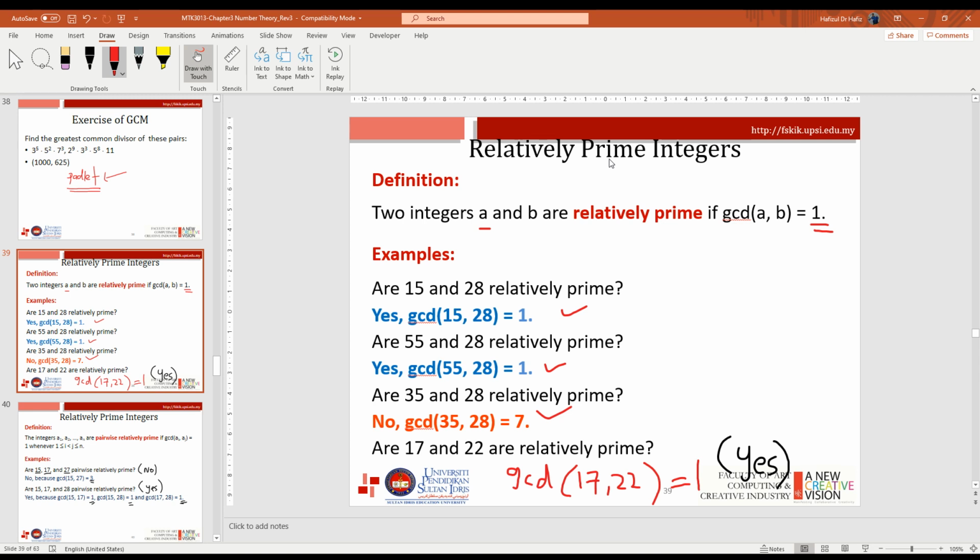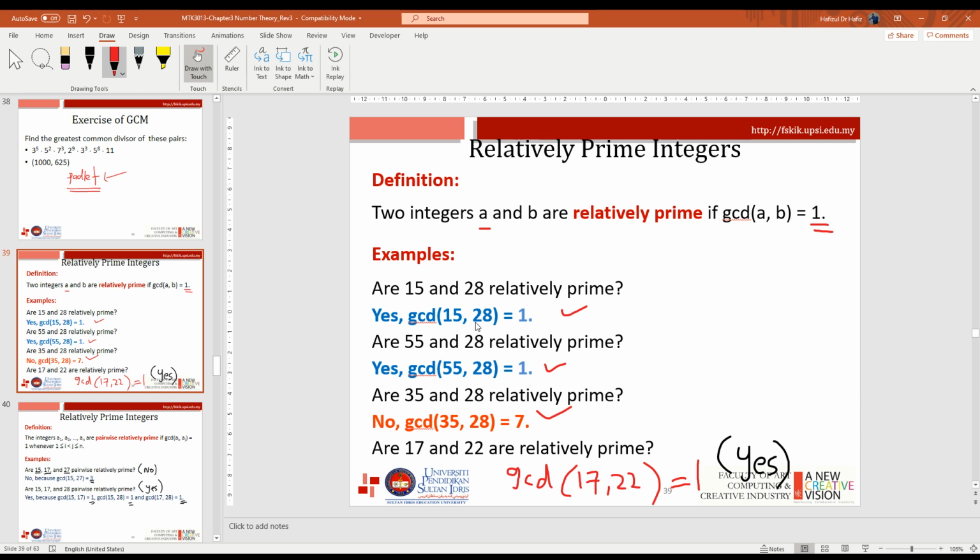Okay, for example, 15 and 28 are relatively prime. Yes. The GCD of a and b is 1.